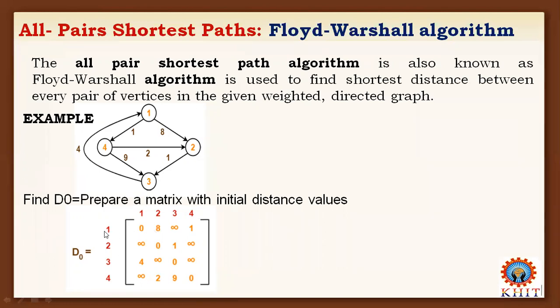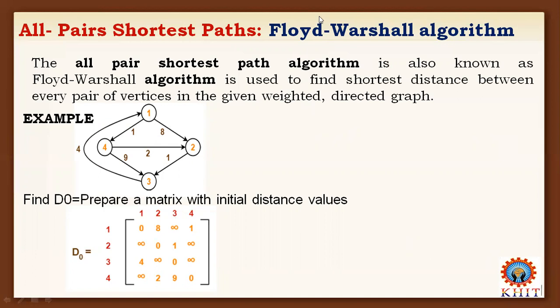Next, we need to find the distance from vertex 1 to vertex 3. There is no direct path from vertex 1 to vertex 3. Hence, we don't know the direct distance, so we consider this as infinity.